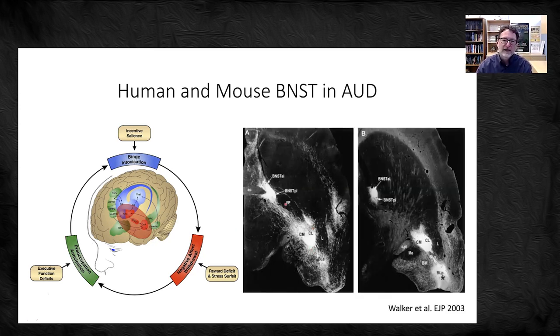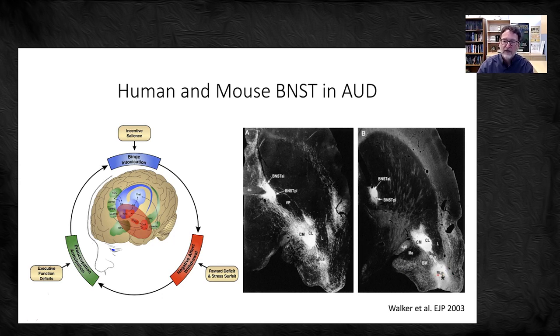This gives you a sense of one of the reasons that the BNST and central nucleus are part of what's referred to as an extended amygdala. This is work from Mike Davis and Walker from many years ago, in which tracers were placed in basolateral amygdala, and then output regions were looked at.